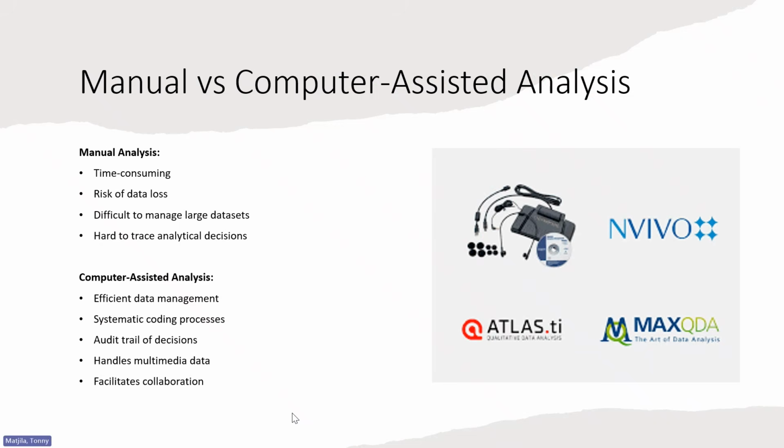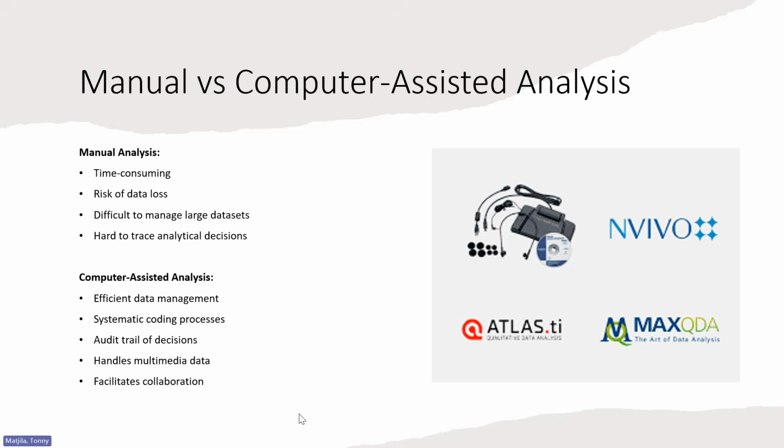So many of you might be thinking, can I just use highlighters or my MS Word or Excel while analyzing? And while manual analysis has its place, we are promoting the digital one. Computer-assisted analysis offers many advantages, especially for you at honors and postgraduate diploma level research.